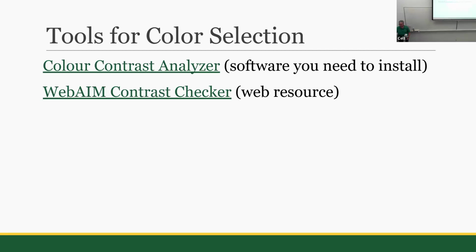And I realized this morning, I don't think this is part of the campus image, and it probably should be. But you can go to this and, if on your own computer, at least download it. The advantage of Color Contrast Analyzer is that it allows you to put an eyedropper on any color on the screen and find out what that color is.